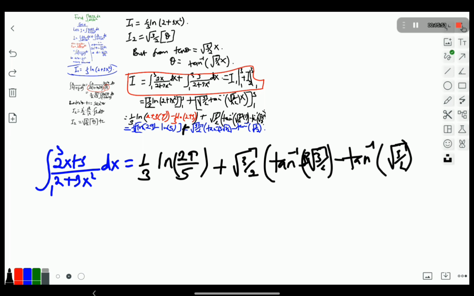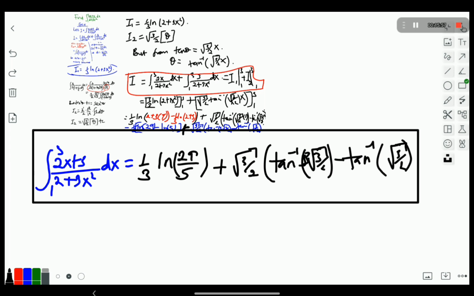So that is the final answer, or you can still simplify it by using a calculator and evaluate it.